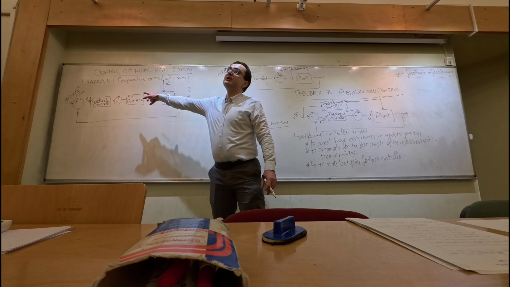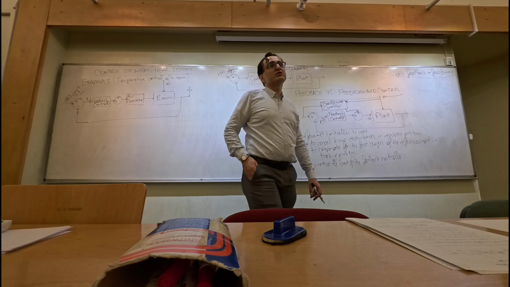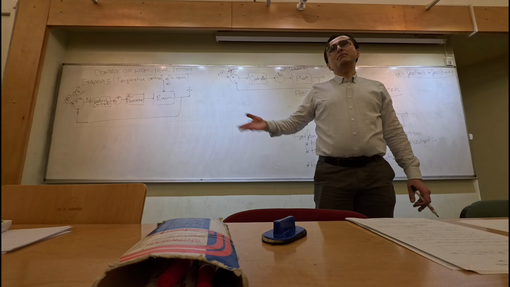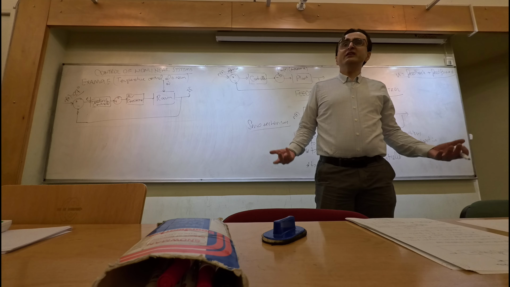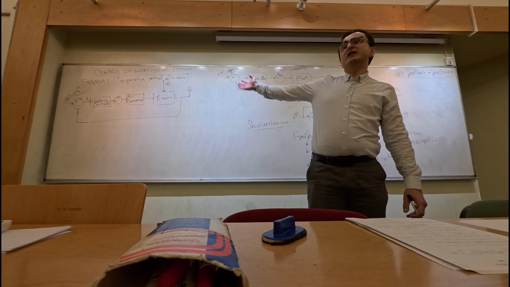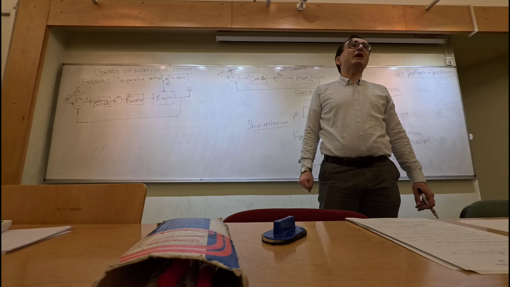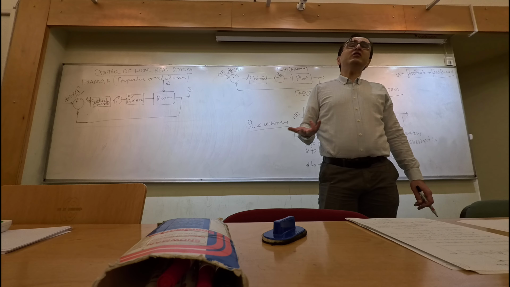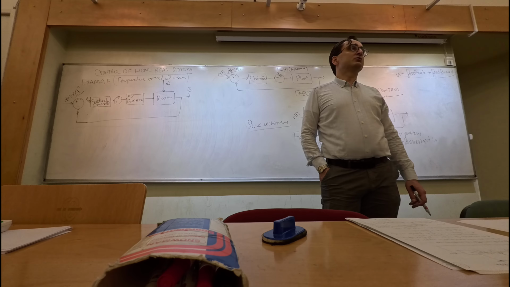And then there will appear an error signal here, and then the feedback controller is going to start working, and it is going to try to pull the temperature back to its desired value. But the first thing that has to happen is that tomorrow the room is going to cool down first, and then the feedback controller is going to start working, and it is going to pull the temperature back to its reference value.